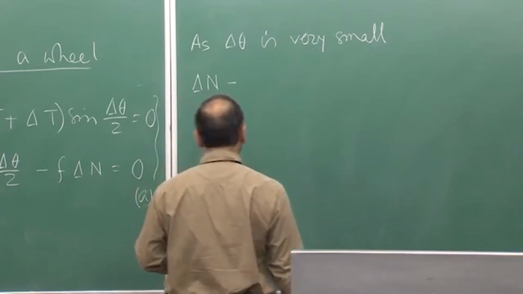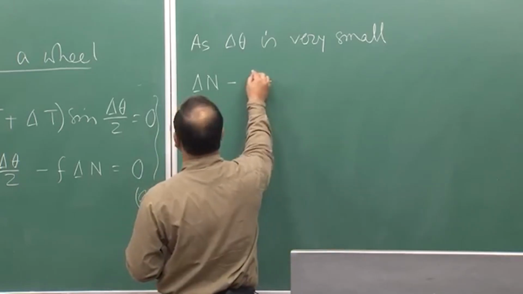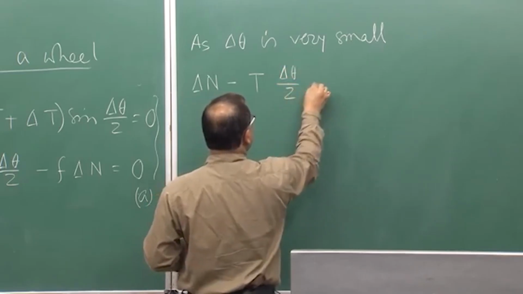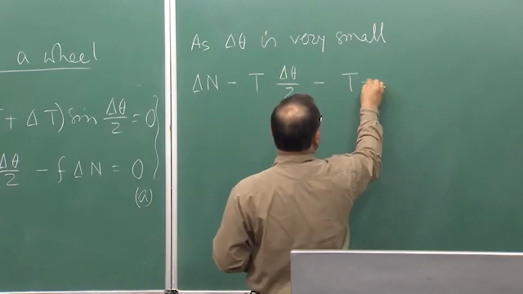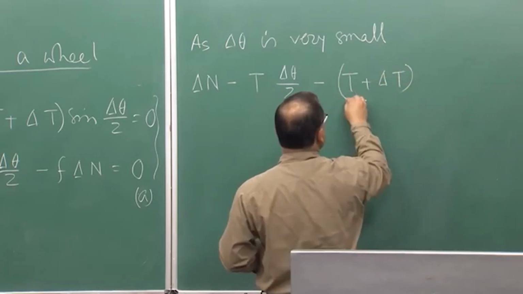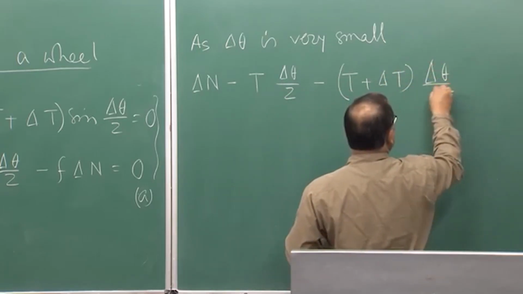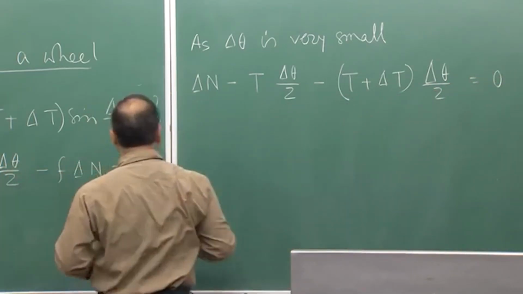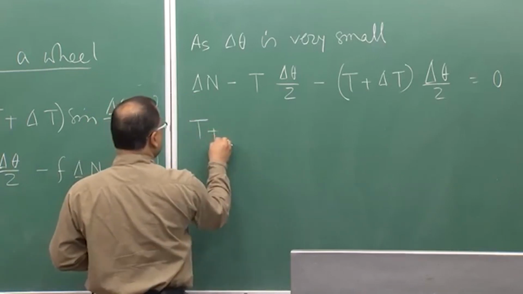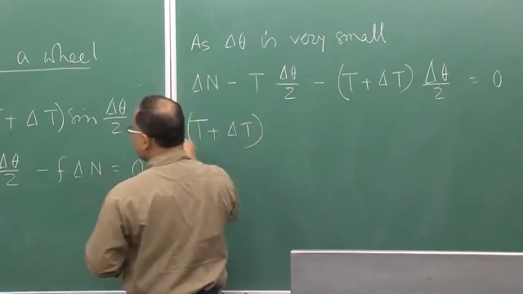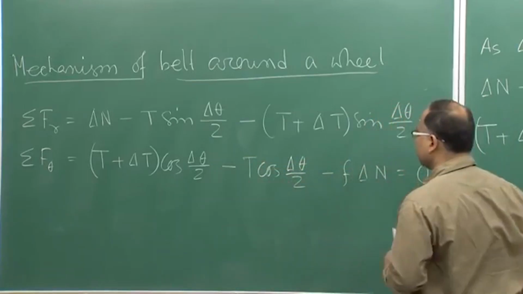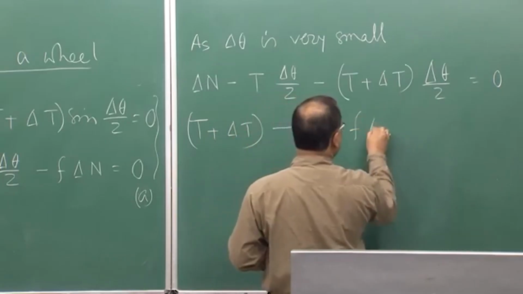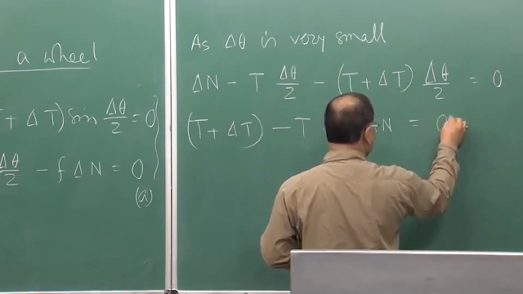By applying that condition, I can simply write T delta theta by 2 minus (T plus delta T) delta theta by 2 is equal to 0, and from the second equation I can simply write T plus delta T, because cos theta is 1, minus T minus F delta n is 0.